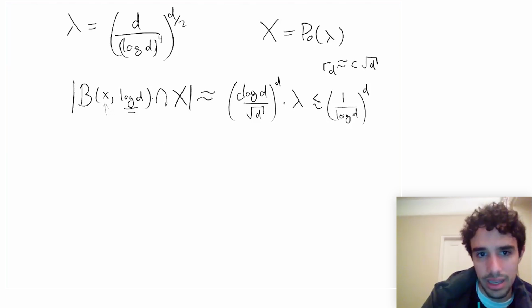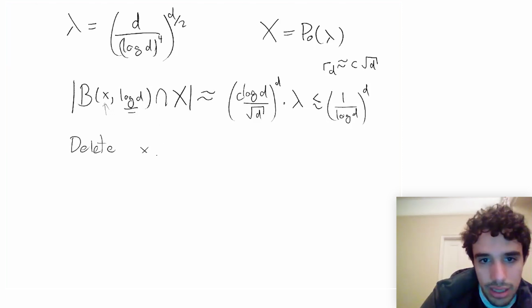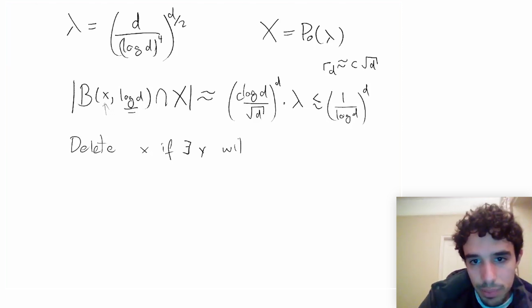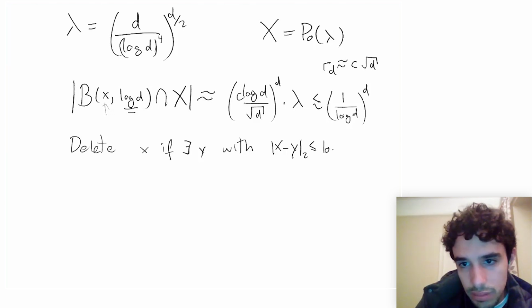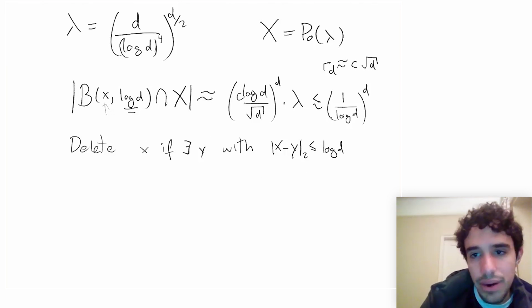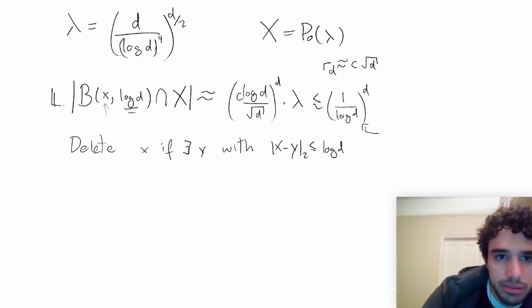So delete x if there exists y with x minus y smaller than log d. This way, we're deleting a very small proportion of the points, and we bound this proportion by Markov, since this is the expectation.